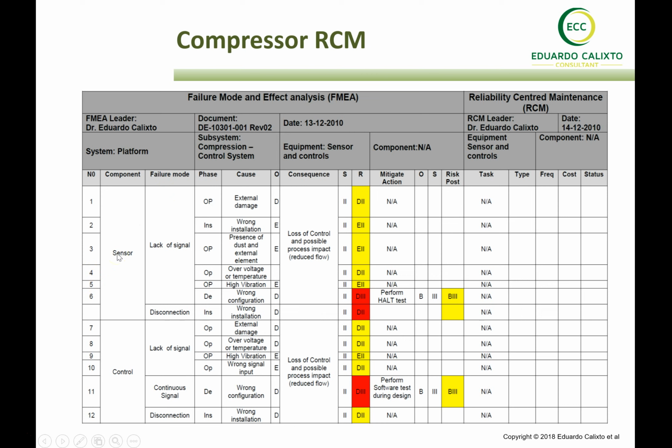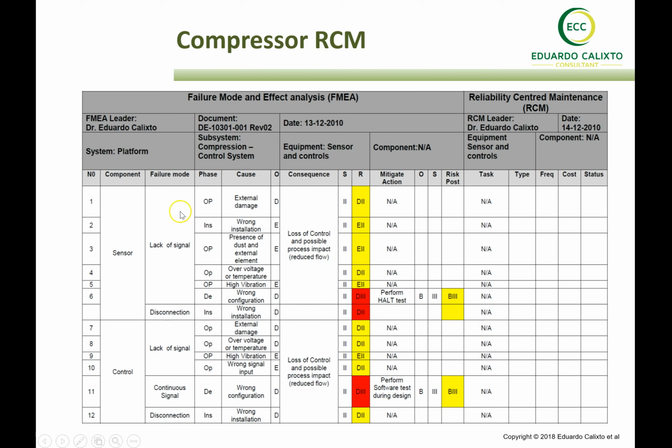Usually we have more than one sensor, and we have a k-out-of-n combination. That means we need to get information from at least two of the three sensors saying that the temperature achieved the threshold, and we need to shut down the compressor or reduce the compressor flow. So in some cases, such issues in the sensor are critical.